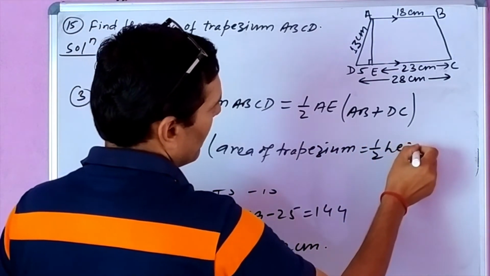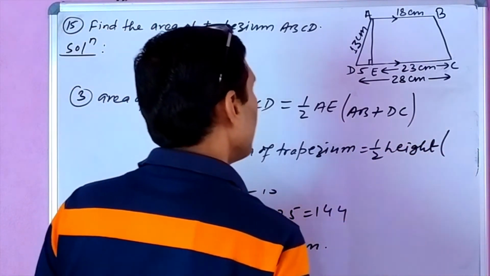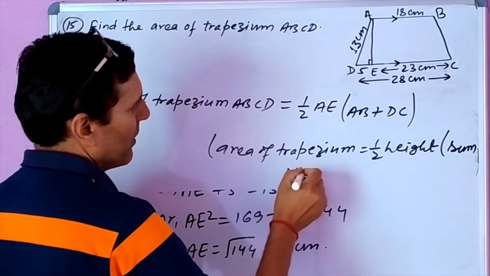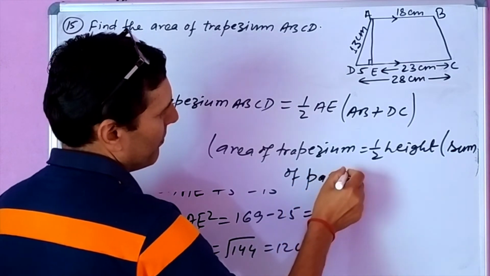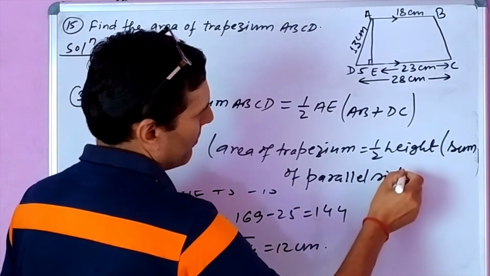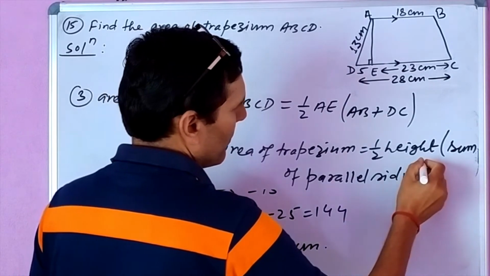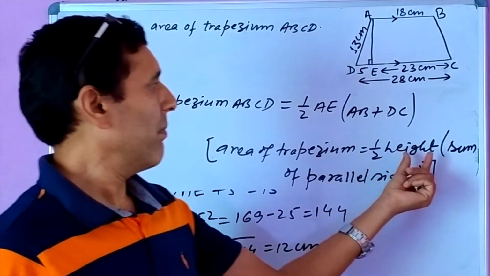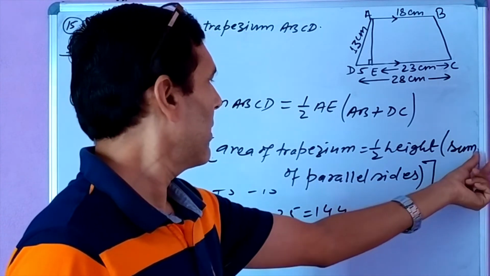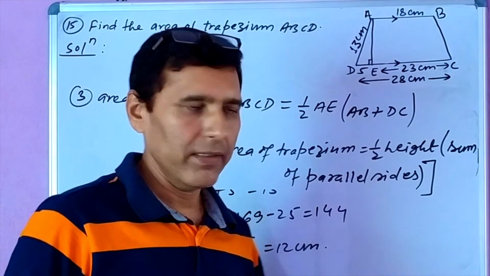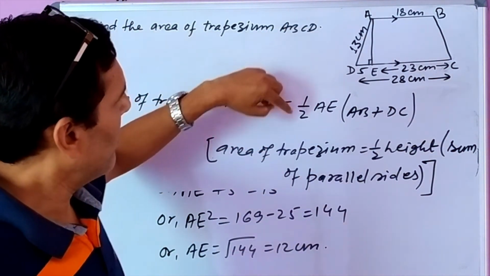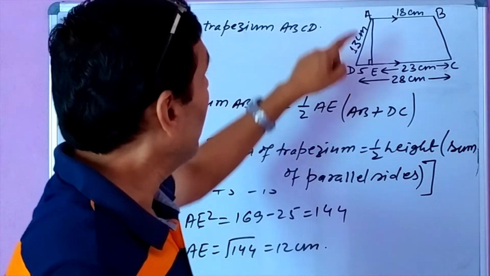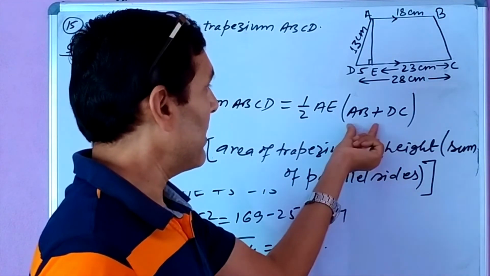Area of trapezium is equal to 1/2 times height times sum of parallel sides. Here AE is the height, AB and DC are the parallel sides, so AB plus DC.